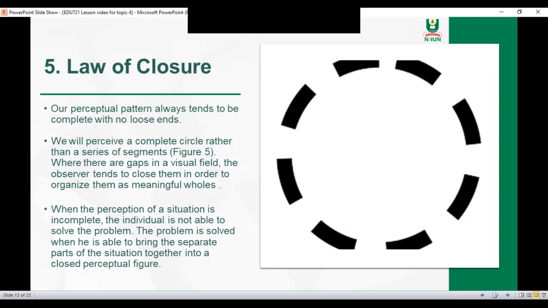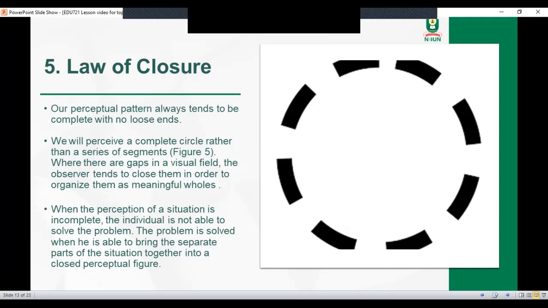Our perceptual pattern is designed in a way that we tend to complete it as a circle. We don't see it as a series of separate segments or gaps. Those gaps we tend to close up, and the image will become like a circle in your perception.